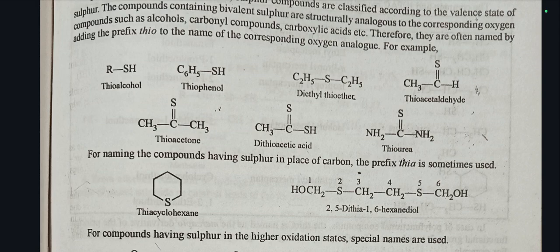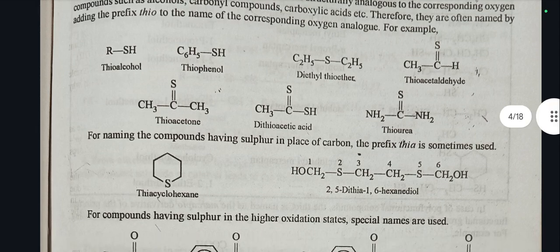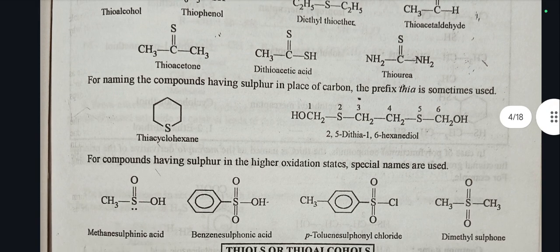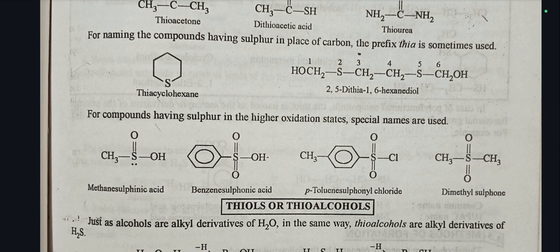For naming compounds having sulfur in place of carbon, the prefix thia is sometimes used. Thiacyclohexane, 2,5-dithia-1,6-hexanediol. For compounds having sulfur in a higher oxidation state, special names are used.